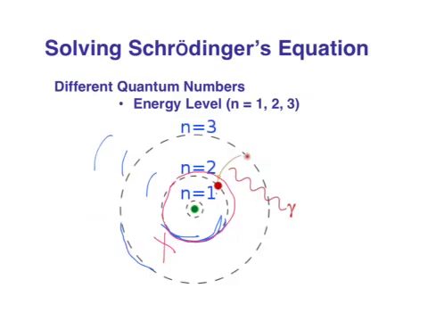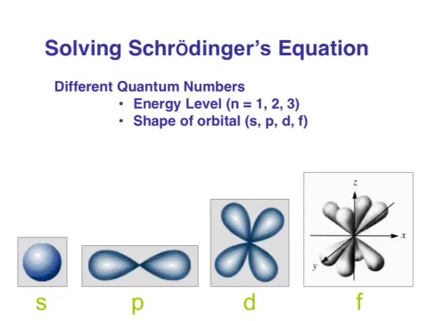So, the closest to the nucleus, the first shell where an electron could be found is n equals 1, and then it works its way out, 2, 3, and 4. Okay. The second address piece tells what shape orbital, s, p, d, or f, the electrons are located in.